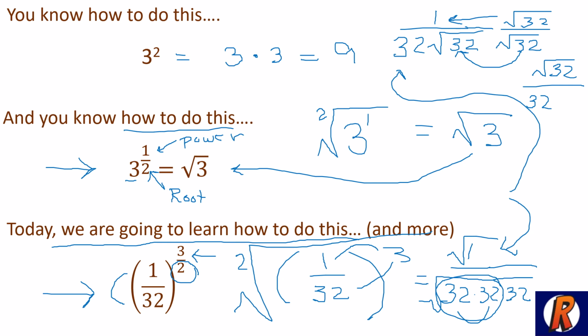That's the inverse. We're multiplying. So we have the square root of 32 squared just becomes 32. We're almost there. 32 times 32 is equal to 1024. So we have 1024 in the denominator, and in the numerator, we have the square root of 32. So this is our answer if you were to simplify it.